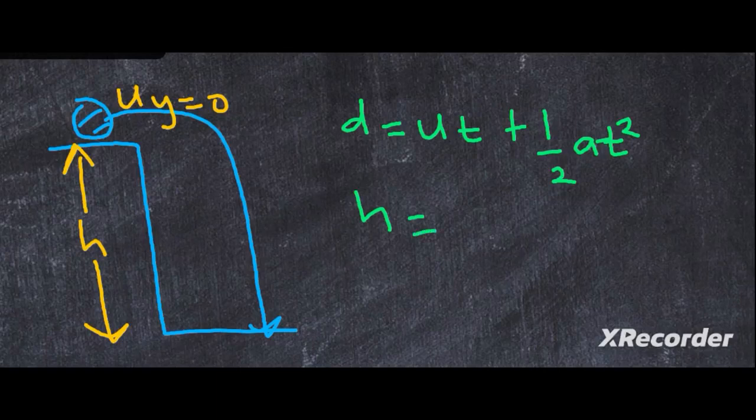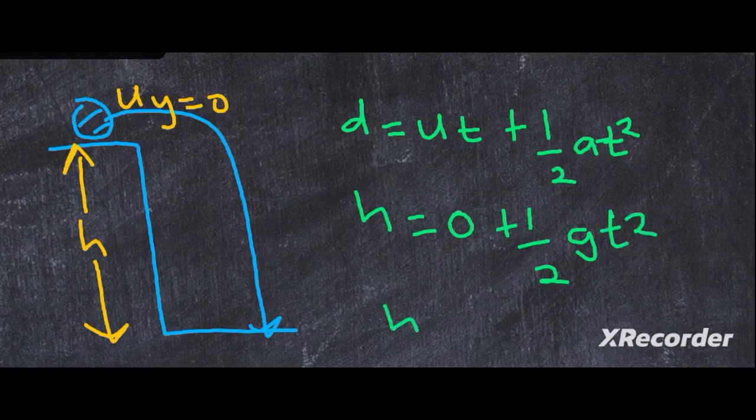Then initial velocity, we know that initial velocity is equal to 0. So initial velocity, which is 0, times time, we get a 0, plus 1/2. Acceleration in the y-axis is simply the gravitational acceleration, so where there is acceleration, we write acceleration due to gravity, then time squared.